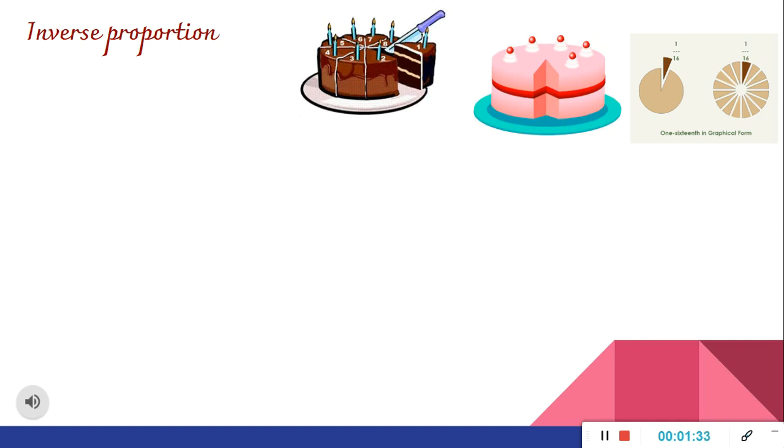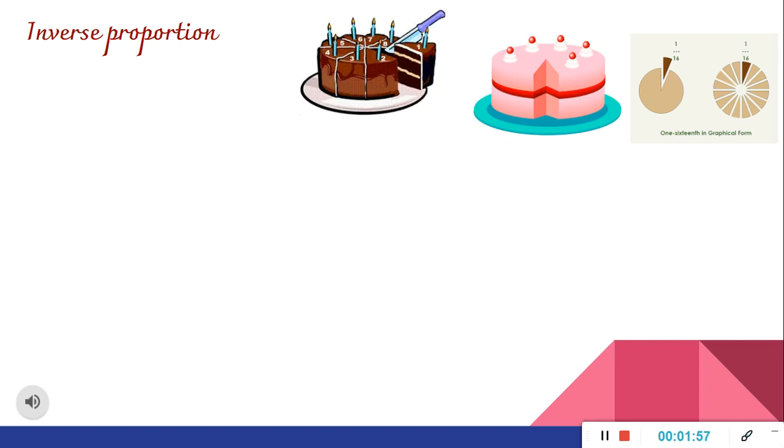Now in this case, you notice that in case 2, the number of people increased, as well as what happened? The size of each slice decreased, isn't it? So right now, each slice is small, whereas in the previous case, each slice was bigger, right? In case 1, only 8 people were there.